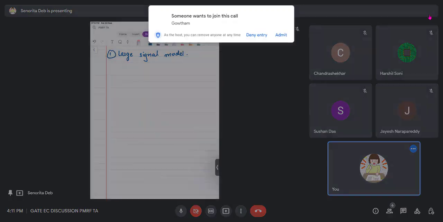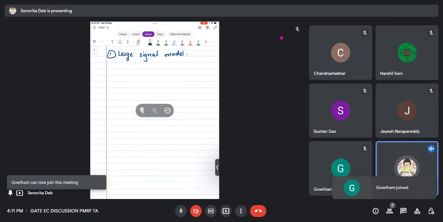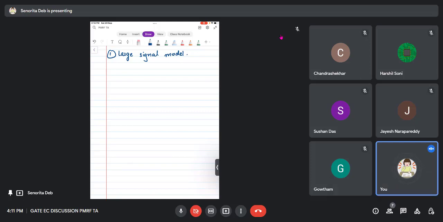Okay. So last class we had started, we had learned about the large signal model, right? So large signal model was done. Large signal model is nothing but the DC analysis, right? So in presence of DC, how your MOSFET is behaving. Okay. So quickly let us revise that.